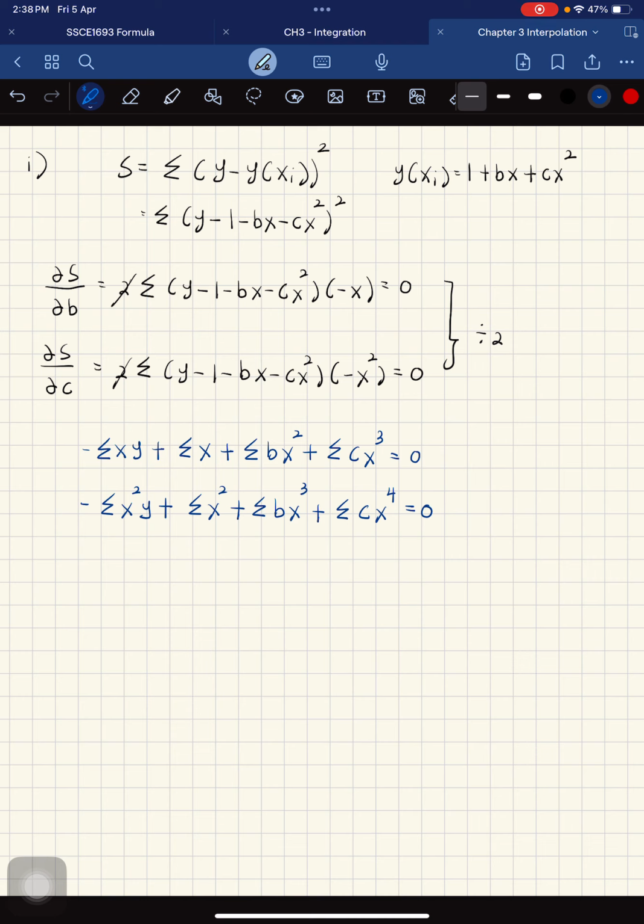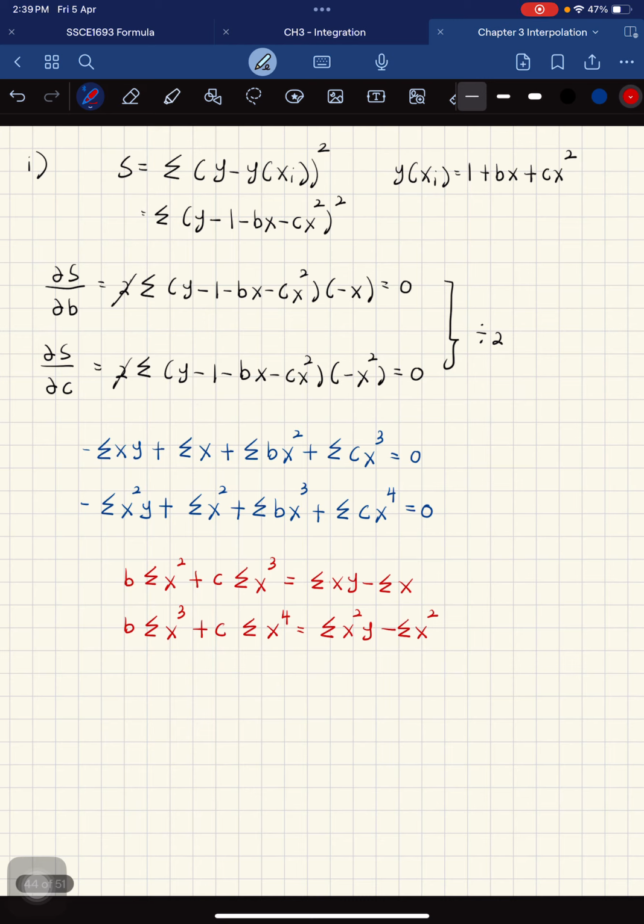we get b summation x squared plus c summation x cubed equal to summation xy minus summation x, and then b summation x cubed plus c summation x4 equal to summation x squared y minus summation x squared.